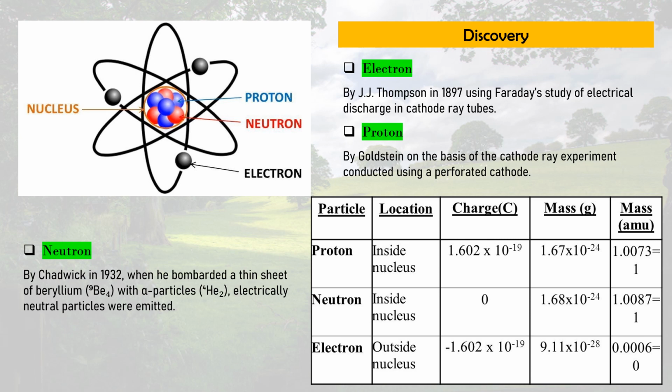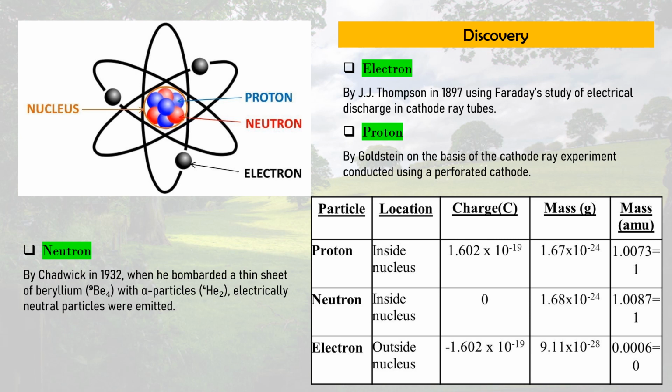Next is the proton. Goldstein discovered this particle on the basis of the same cathode ray experiment, slightly changed by using a perforated cathode. He suggested that as an atom is wholly electrically neutral, if negatively charged electrons are present in an atom, there must be some positively charged particles.